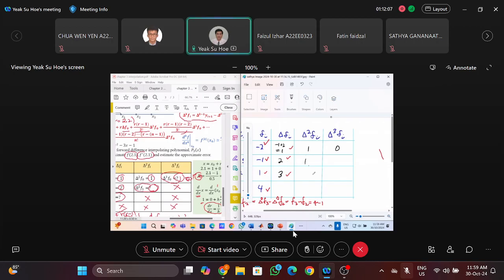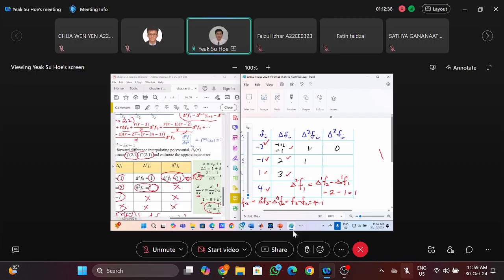Then we move to this. Power 2 f0 is power 1 f1 equal to power 1 f2 minus power 1 f1. So 2 minus 1, we get 1.